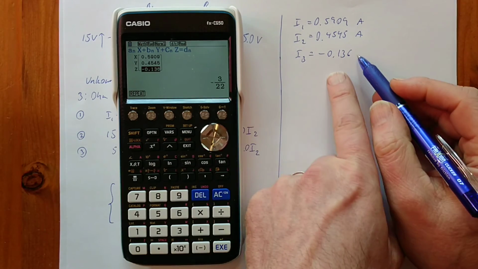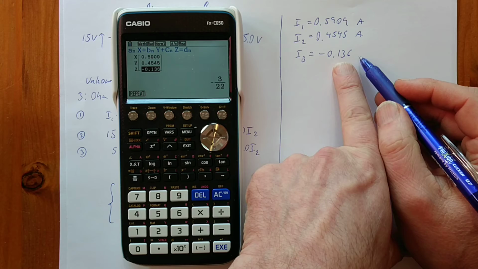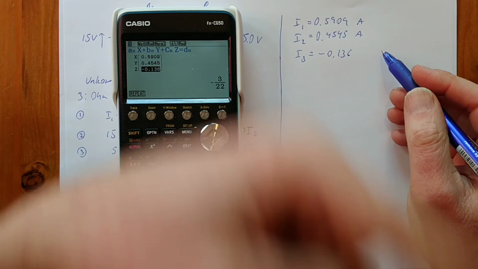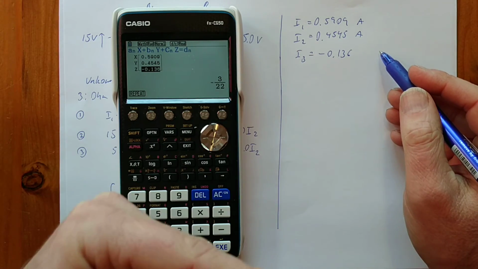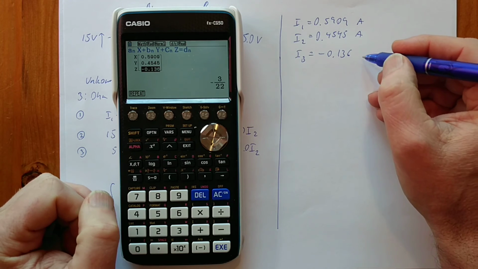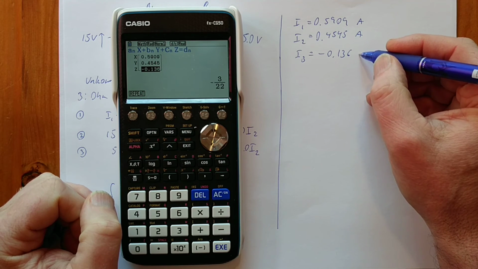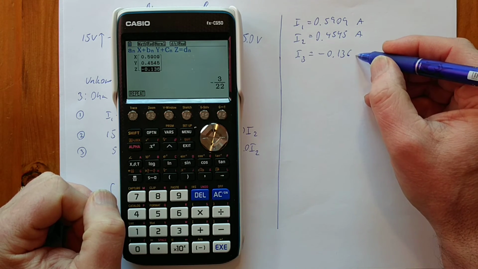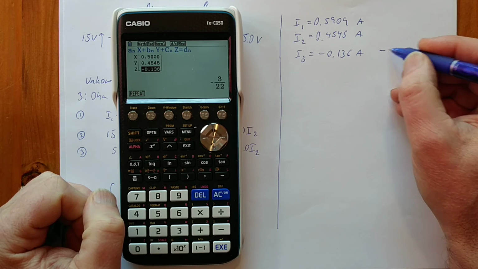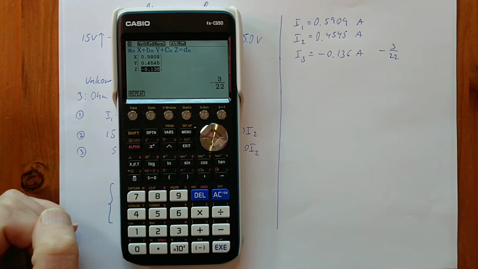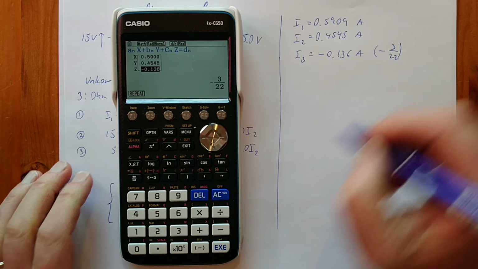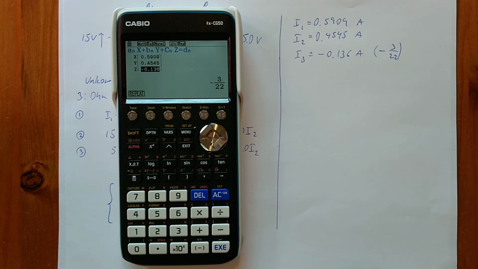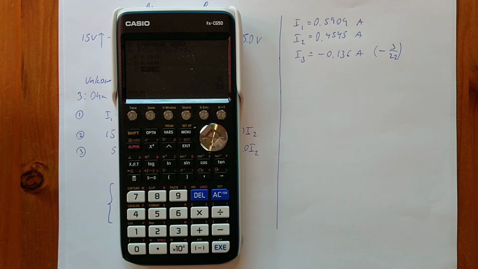The only problem I have with the last one is that we only have 3 significant figures, and I would like to have at least one more to calculate the voltage in the end. So if you look at the calculator, it says minus 3/22, and that is of course an exact value in this case. Actually it isn't, because there's a current and so on, but the calculator gives this value.